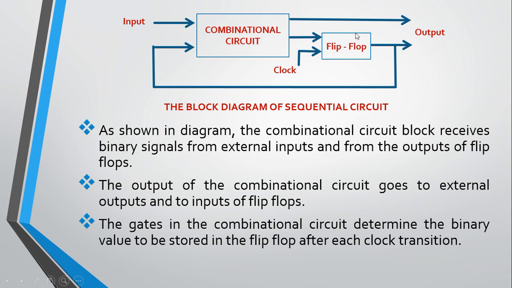Now whatever information you have stored inside the flip-flop, based on that it will produce output. So now if you want to use the same output which is produced by the combinational circuit and given to the flip-flop, and based on that it produces output, you can give it as an input of the combinational circuit.